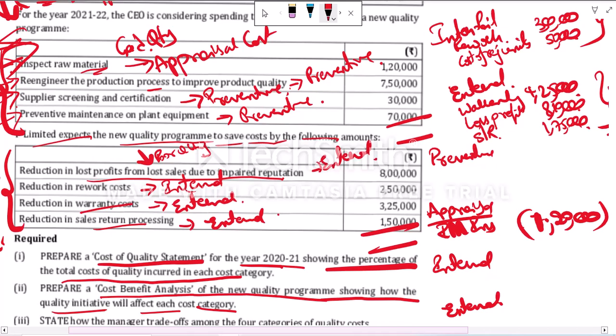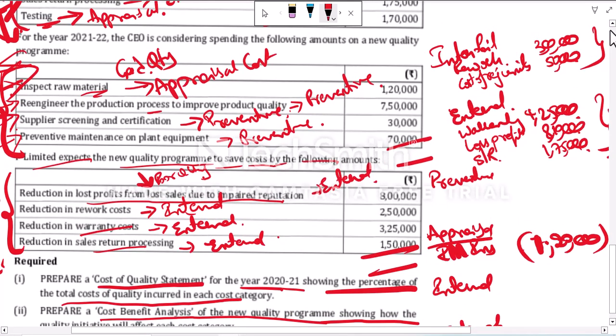See, we should write only net figures, net effect. This is increase in quality, increase additional cost incurred. This is reduction, means how much is the original cost, reducing that, how much reduced, the difference is this amount.